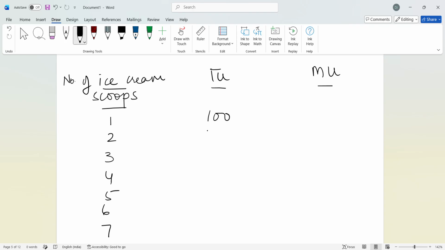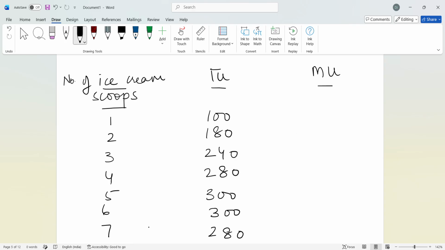All right. Then with 2, it goes to 180, and then it goes to 240, and then it goes to 280. Then it goes to 300, and then it remains at 300, and then it comes down to 280 again.